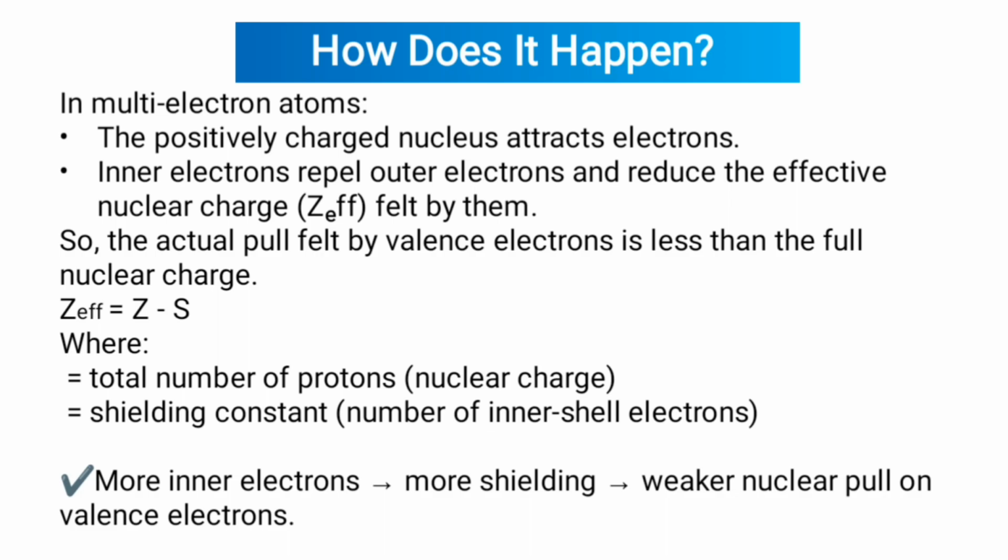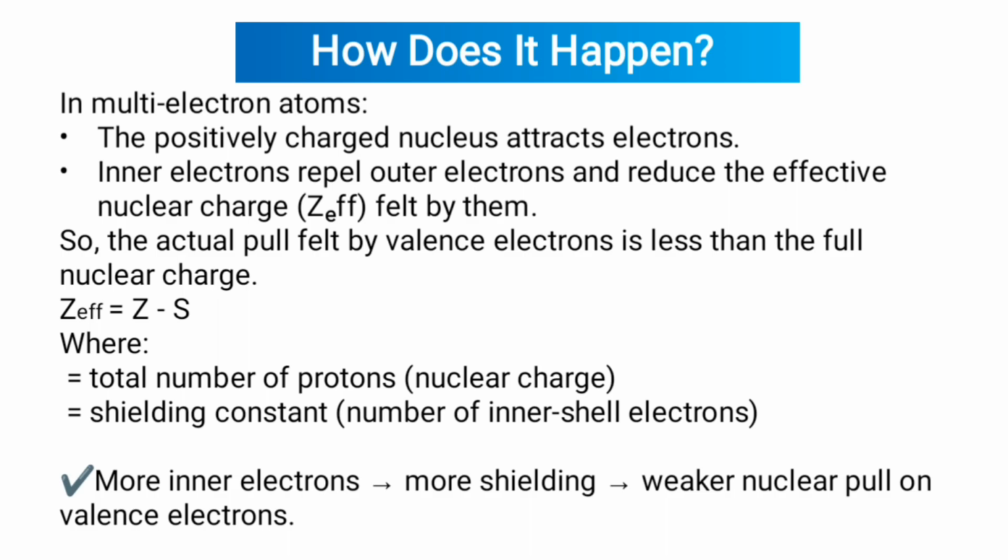Inner electrons repel outer electrons and reduce the effective nuclear charge felt by them. So, the actual pull felt by valence electrons is less than the full nuclear charge.